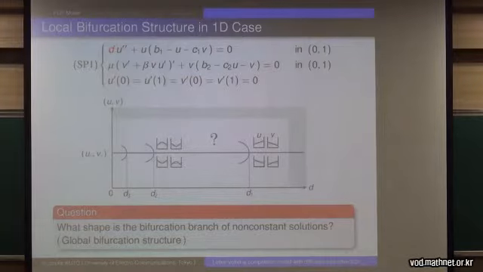And recall the first theorem: if D is large enough, there is no non-constant solution. Okay? So together with the global bifurcation theory, we can say that any extension of the local bifurcation curve, as a set of non-constant solutions, cannot go out of such a cage.